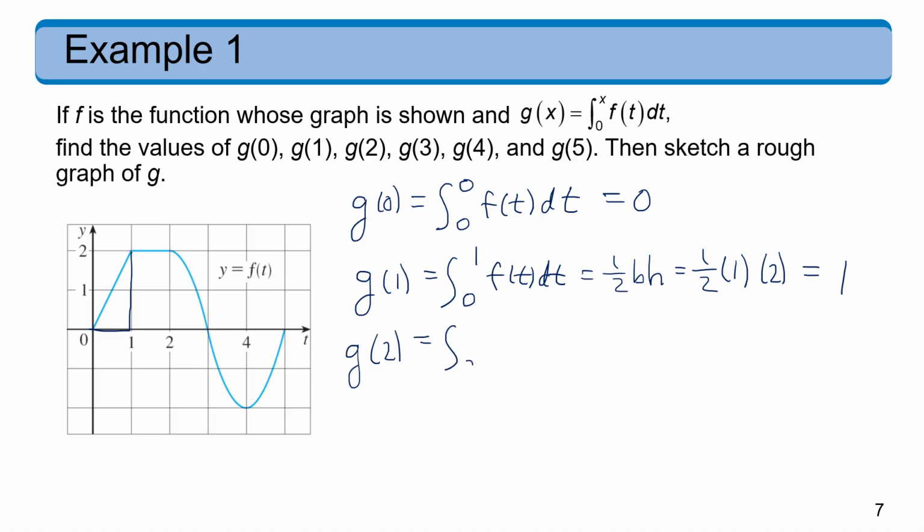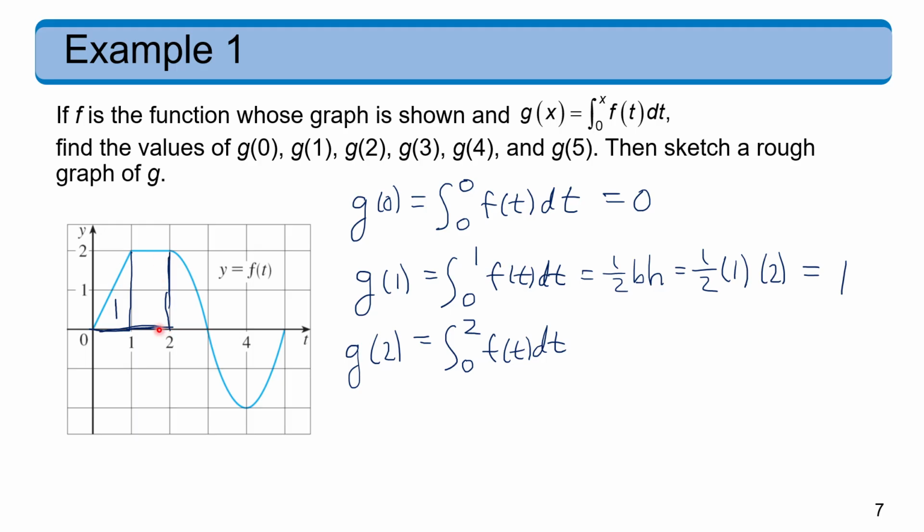Definition of g says that's the integral from 0 to 2 of f of t dt. So I'm going to fill in the area of this triangle we just found is 1. Now we're going from 0 to 2. So now we're cutting it off here. So the area we're finding from 0 to 2 is this entire region here, stopping at the right when we get to 2.